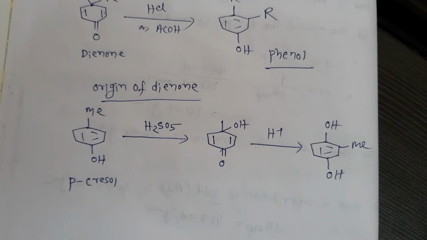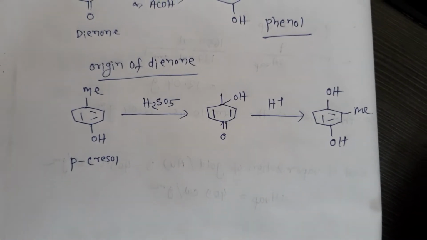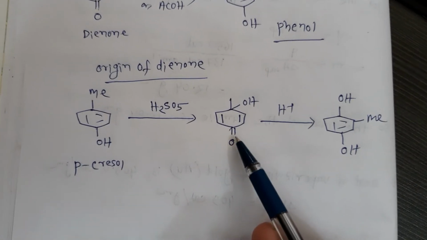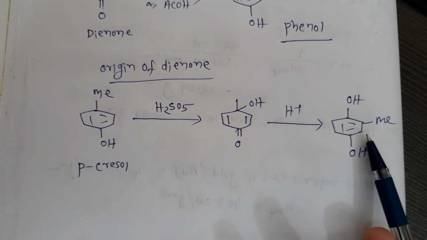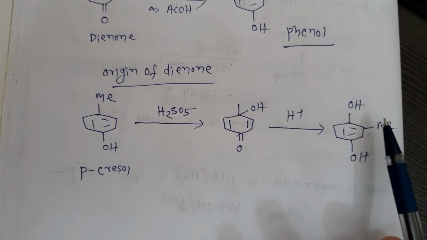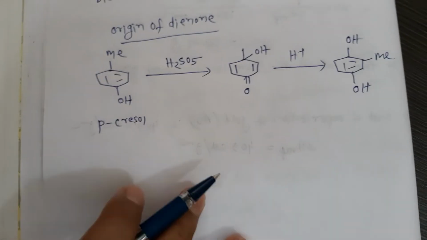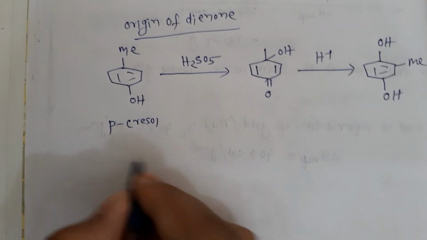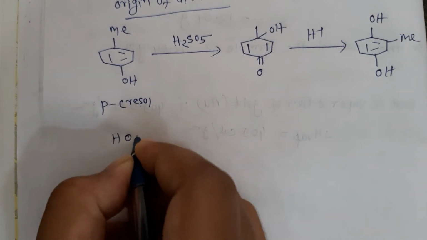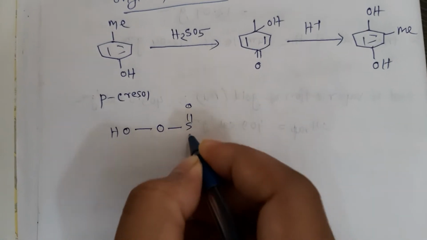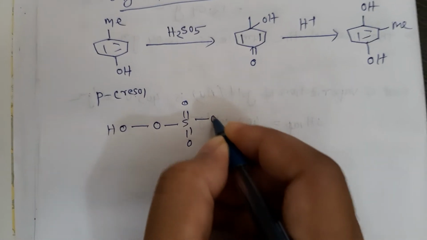Let's see the mechanism. First we see the mechanism for the formation of dienone. After that we will give you the mechanism of phenol formation from the dienone. So the structure of Caro's acid is OH, O, S double bond O, OH.